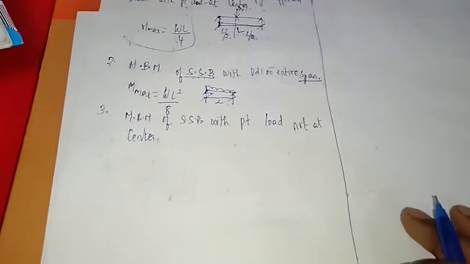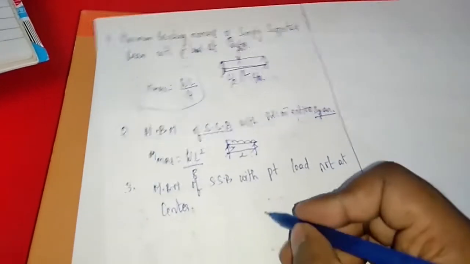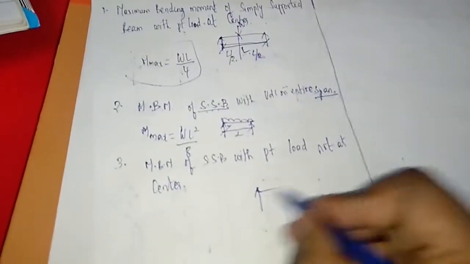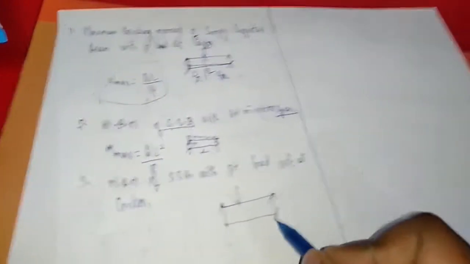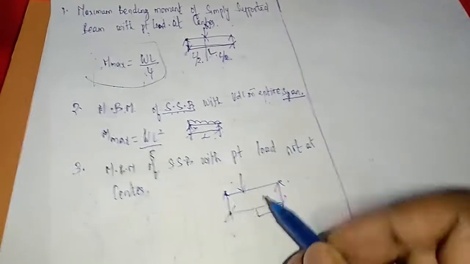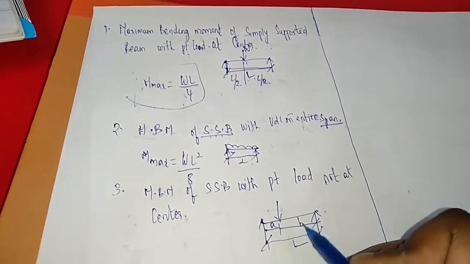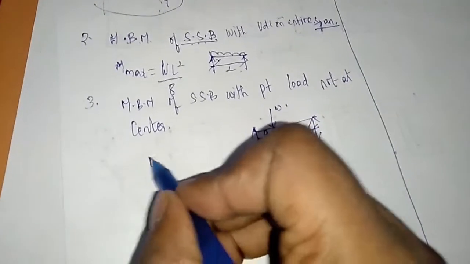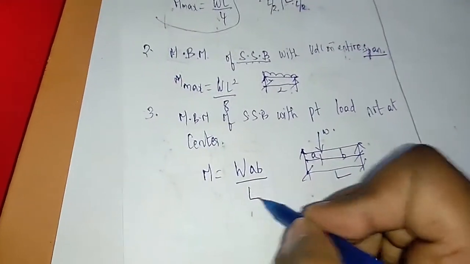See, this is a simply supported beam. The load is not at the center, it is somewhere here. So we can say total length is equal to L. The distance from here to here we take as A, and from here to here as B. This is W, the total load. So your moment is nothing but W into A into B by L.